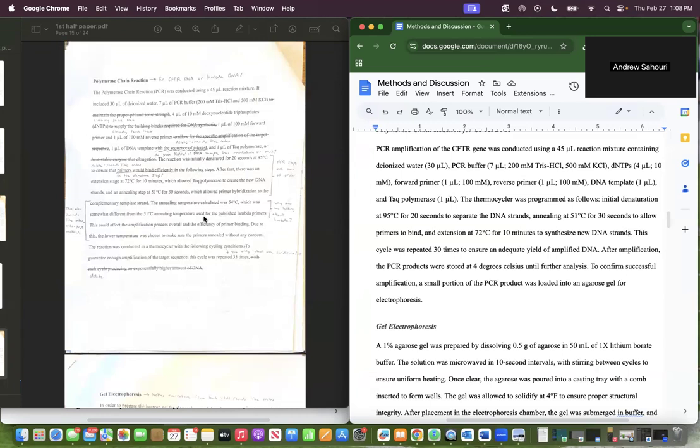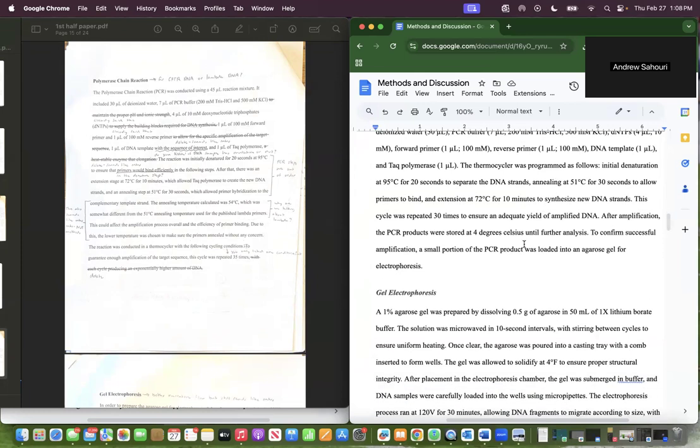So you might see me just changing things up. For instance, if you see a sentence here that's not here, or just reworded, I just reworded it because again I was trying to fit everything with a narrative flow and follow the rubric as much as possible. And I just said to confirm successful amplification, a small portion of the PCR product was loaded into an agarose gel for electrophoresis.